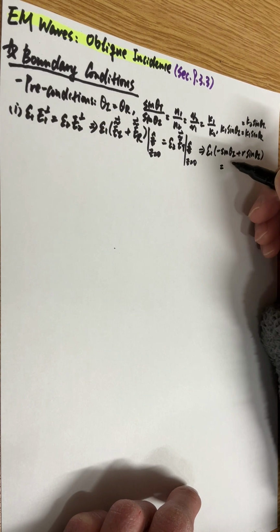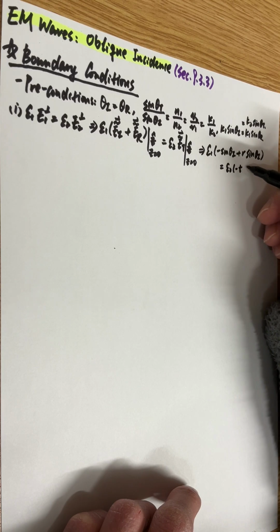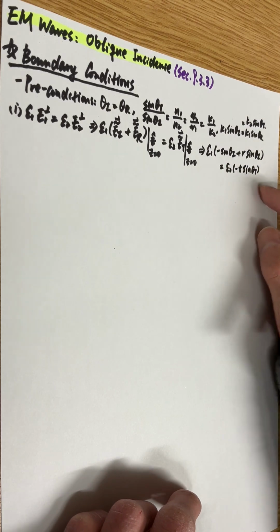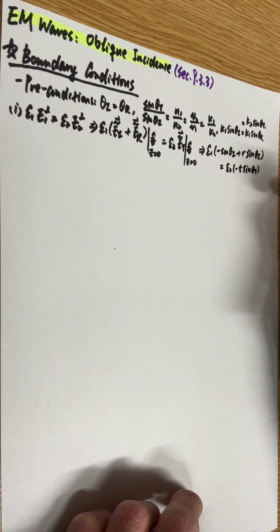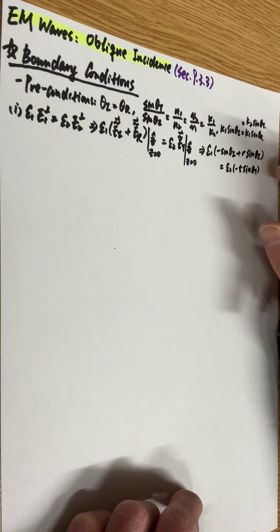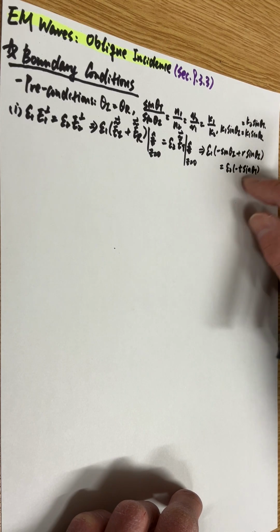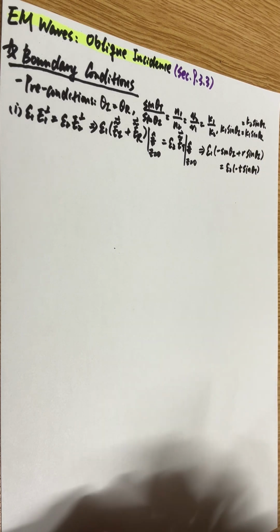So this equals epsilon 2 times minus t sine theta t. So this is quite neat. We have a relationship between r and t. So if we have another relationship equation for r and t, we can solve r and t.